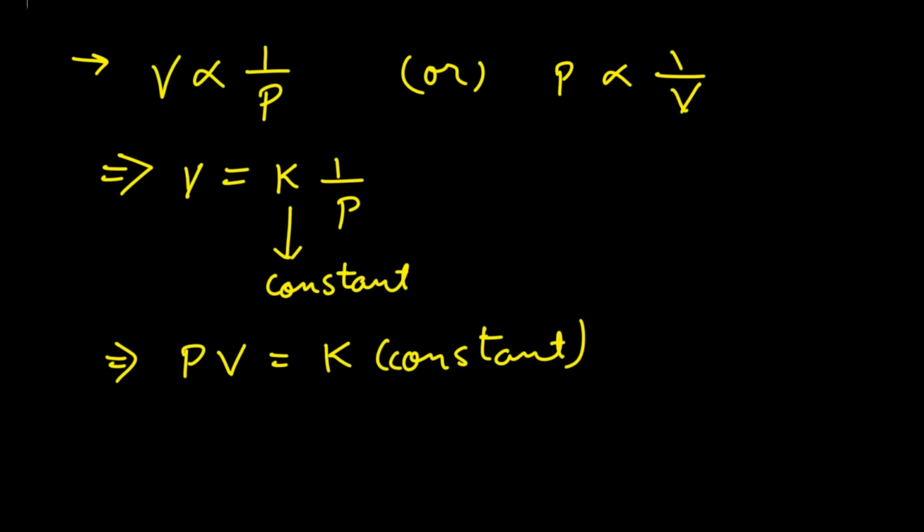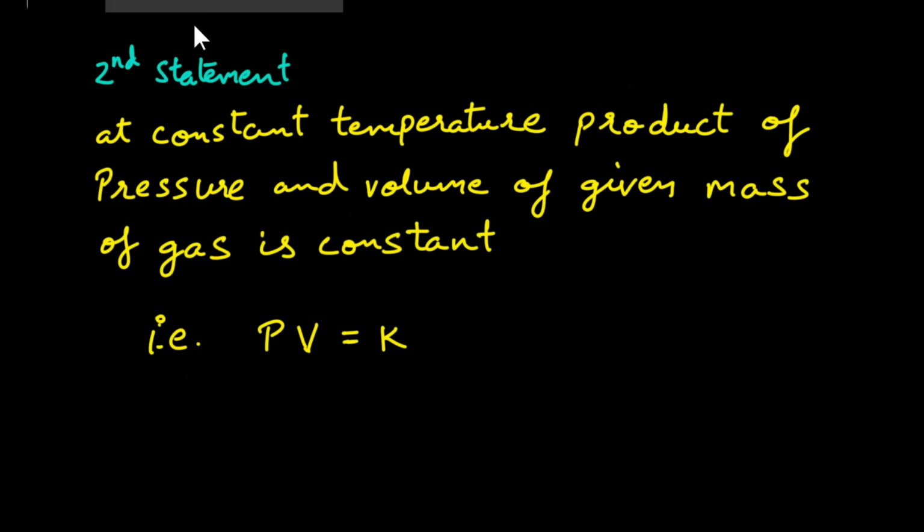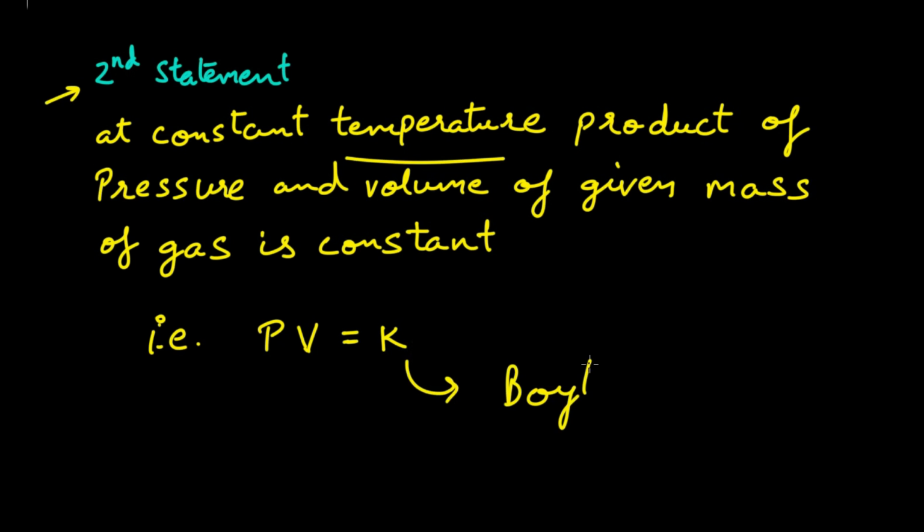We can also write the second statement for Boyle's law, and it states that at constant temperature, the product of pressure and volume of a given mass of gas is constant. This is nothing but the derivation that you derived previously. PV is equal to K, K is constant, and this is known as Boyle's constant.